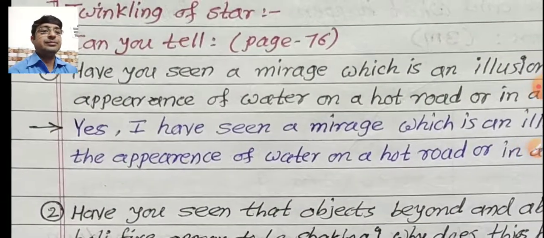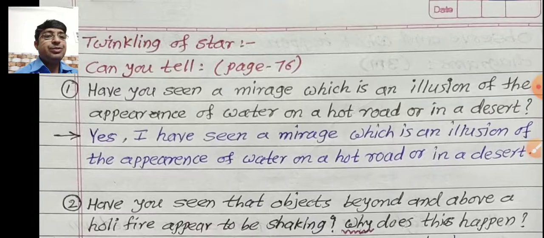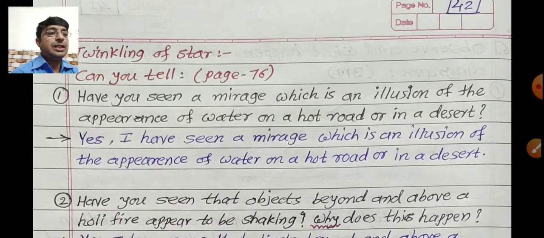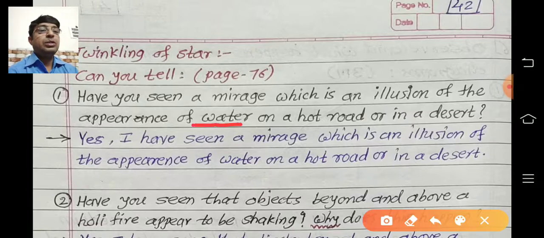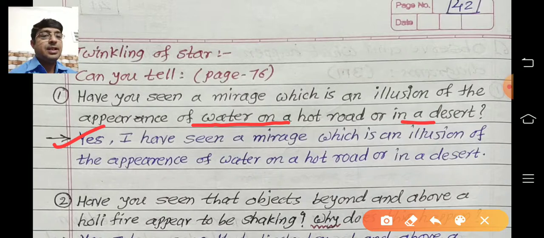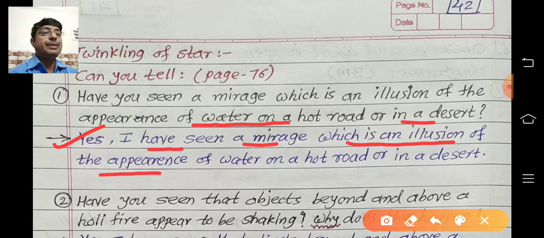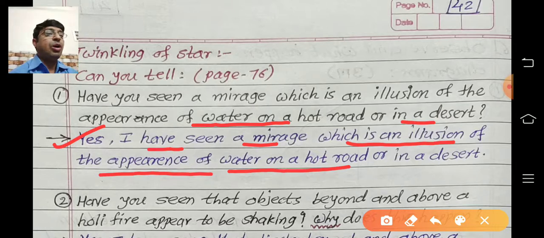Check here. The first one: have you seen a mirage, which is an illusion of the appearance of water on a hot road or in a desert? The answer is yes. We have seen a mirage, which is an illusion of the appearance of water on a hot road or in a desert.